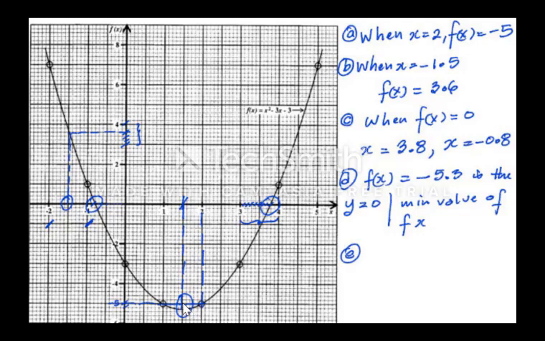And that is in the middle between 1 and 2. So this is 1.5. x is equal to 1.5 is the value of x where f of x is a minimum.